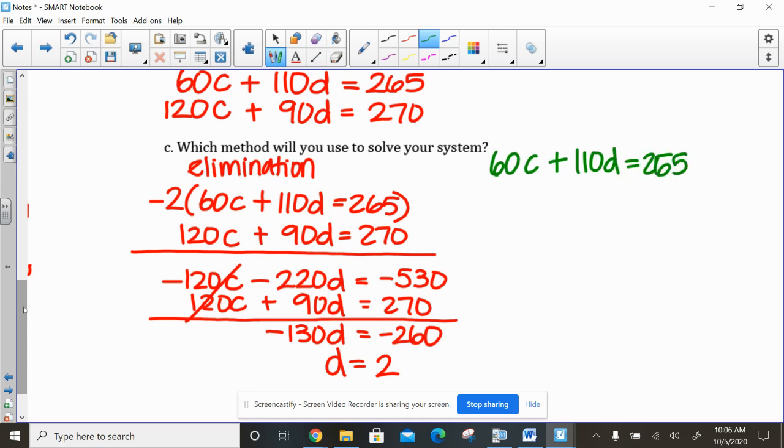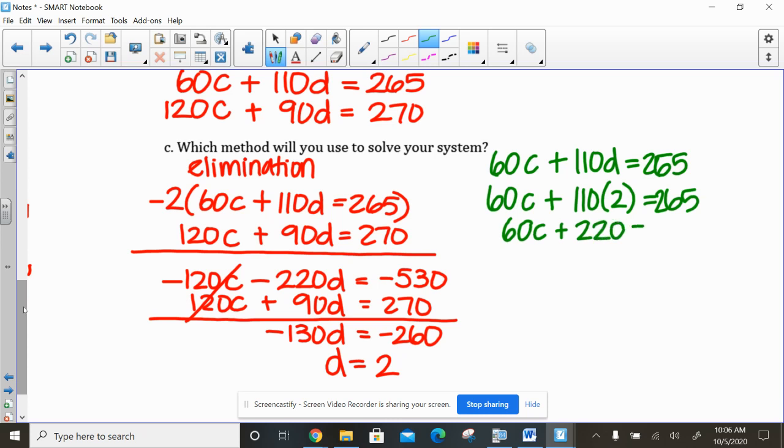I know my drinks are now $2. 60C plus 110 times 2 equals 265. So 110 times 2 is 220. We'll subtract 220 from both sides. If I subtract that, I get 45.